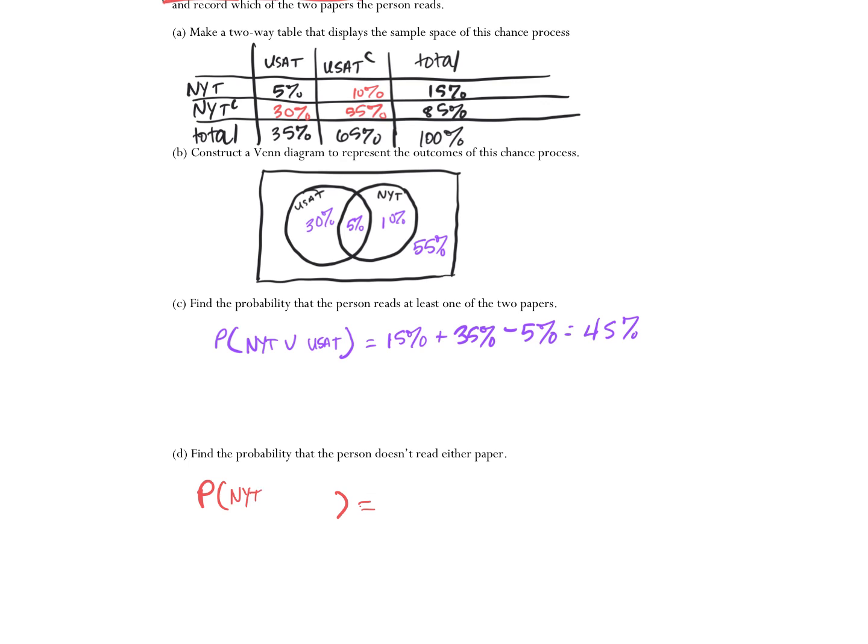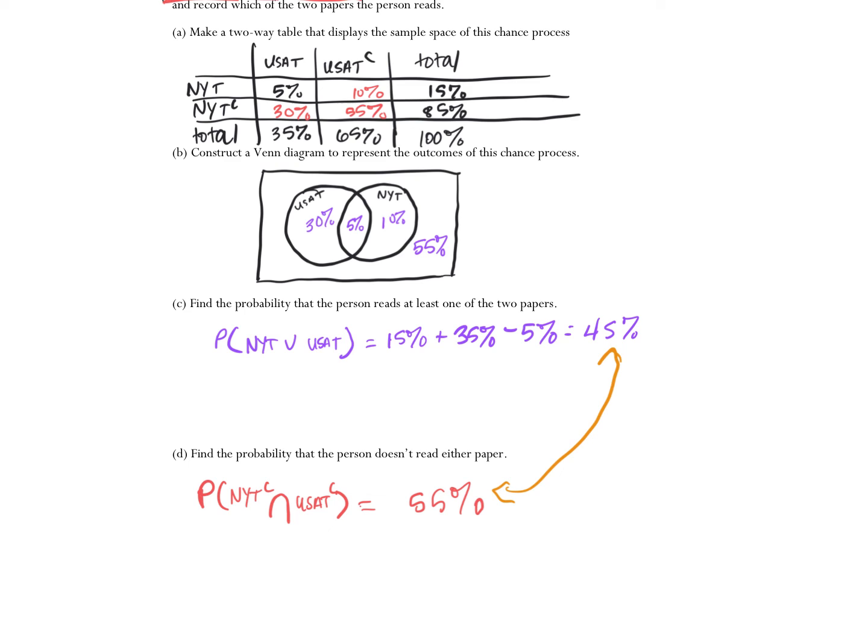New York Times complement and USA Today complement, and it's an AND, because it would mean that both of those things have to be true. What's that answer? 55%.